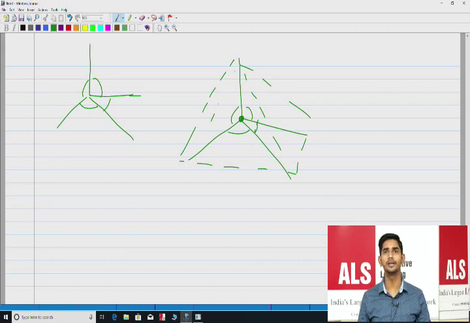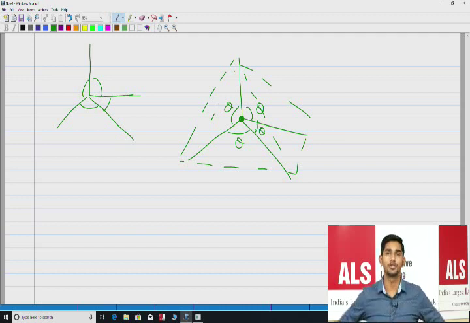Tetrahedron is actually a 3D geometry, where at the center, I'm talking about this one, every angle is 109 degrees. If I change any of the angles from 109 degrees, this is not possible in the regular tetrahedral.